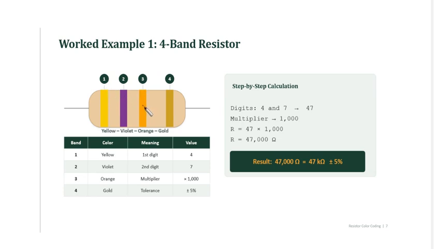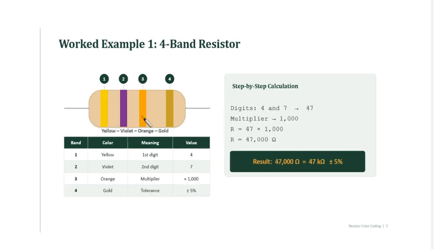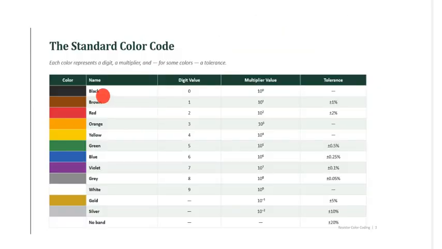The third band represents the multiplier, while the 4th band represents the tolerance band. So looking at this 5-band resistor, we can easily tell the resistance value. We can calculate it based on our standard color codes.